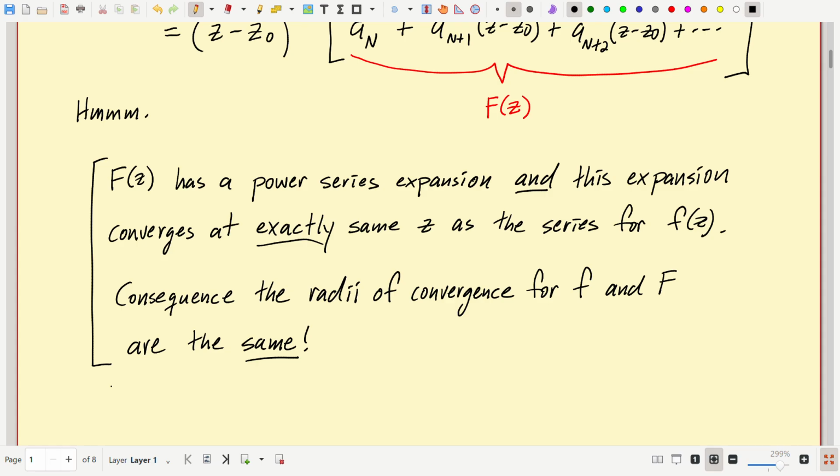Whenever I ask students why that power series for capital F is just as good as the one for F, they're usually at a loss because I didn't make a big enough deal out of this reasoning here. So I'm going to call this important. It's one of those things that takes absolutely no work. We know power series have a radius of convergence, and all I did was factor out that number. So of course they converge for exactly the same z.